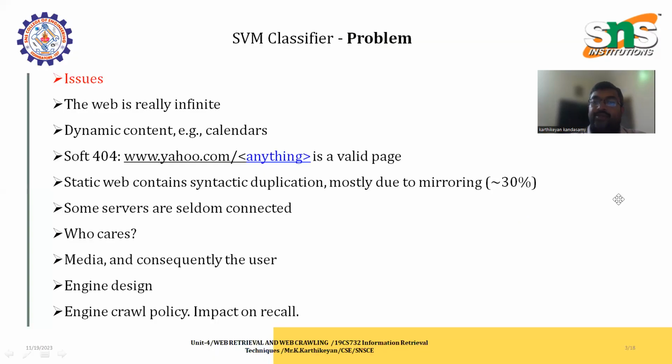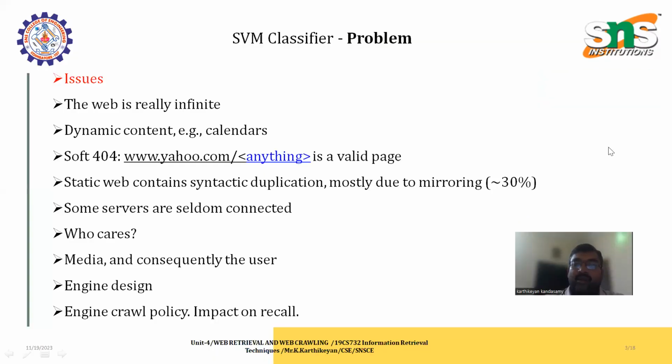These are the issues in web-based crawling and cluster architecture. The first issue: the web is really infinite, for example a dynamic calendar. Soft 404, yahoo.com, anything is a valid page. The static web contains syntactic duplication, mostly due to mirroring, at about 30%.